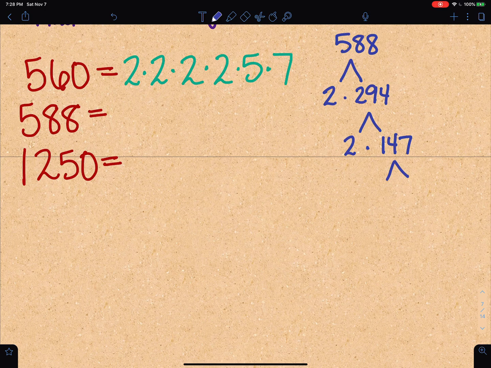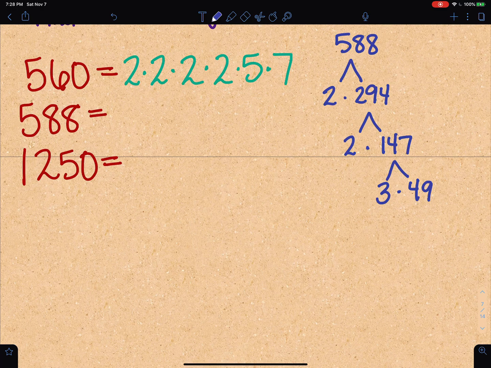So the things that I commonly check are 2, 5, 10. What about the number 3? To figure out if it's divisible by 3, I add the digits. So 1 plus 4 is 5. 5 plus 7 is 12, and 12 is divisible by 3. So if I divide this by 3, I get 49.